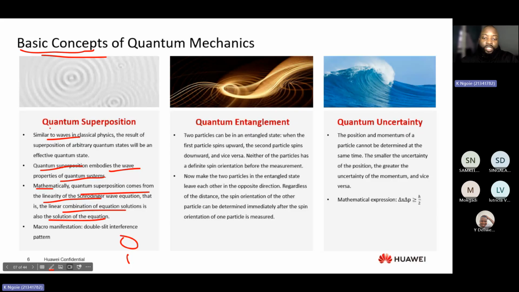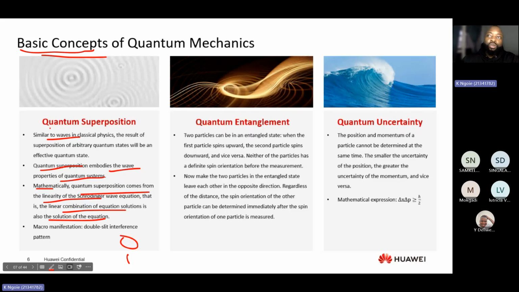When you think about classical physics, a particle has a specific state. For example, if I look at a ball, the ball is either here or there. So there is a specific state with that. But in quantum physics, particles like electrons, photons, or atoms can exist in a superposition of multiple states at once, until you measure them.